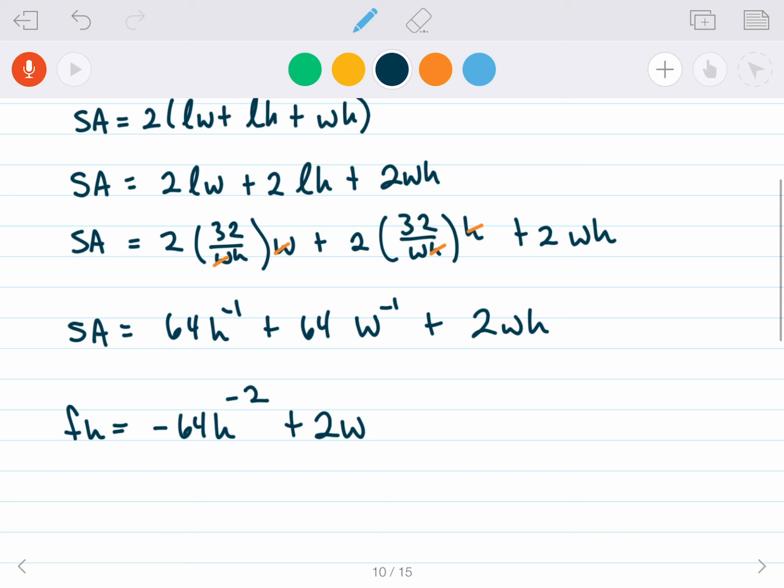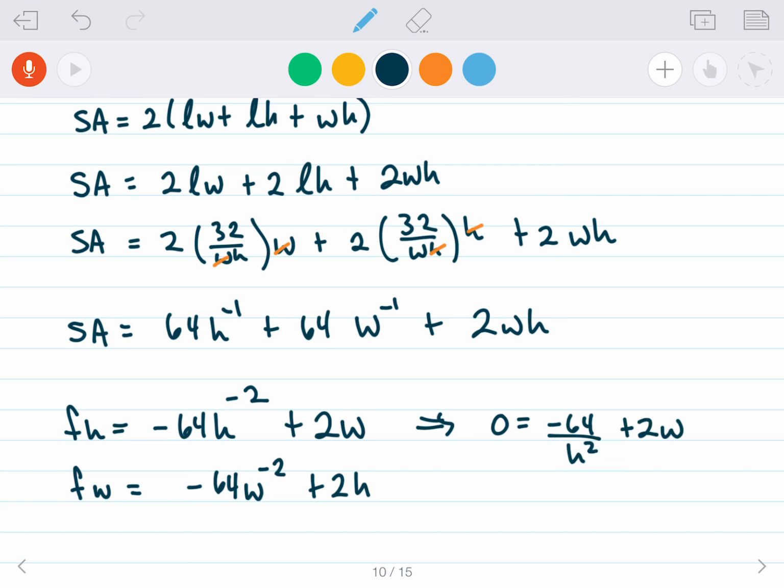If I take the partial with respect to w this time, I get negative 64w to the negative 2 plus 2h. Now I want to set each of these equal to 0. So 0 is equal to negative 64 over h squared plus 2w, and 0 equals negative 64 over w squared plus 2h.